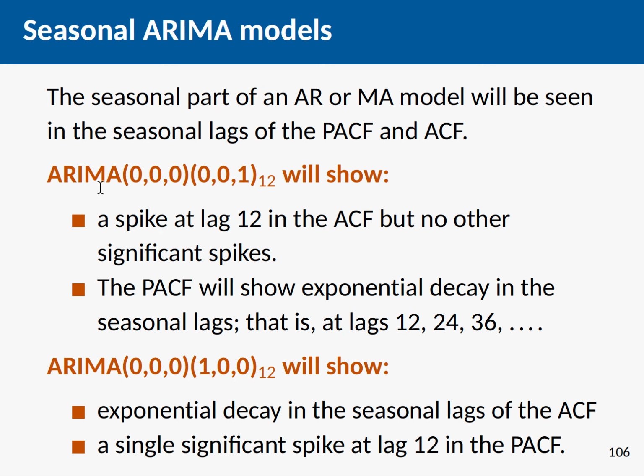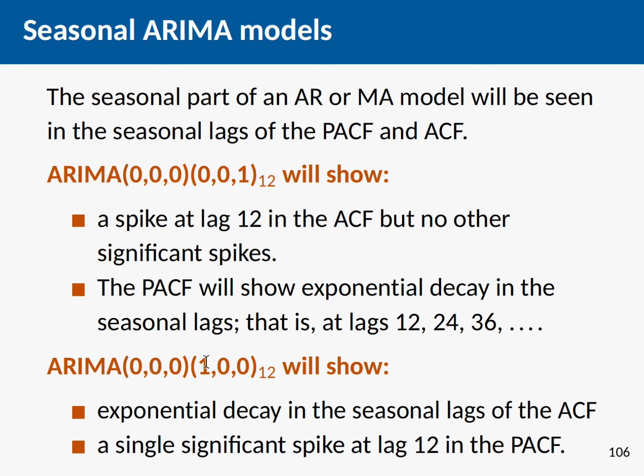If you had a model with monthly data showing some seasonality, you would see a spike at lag 12 in the autocorrelation function, but no other significant spikes. The partial autocorrelation function would show an exponential decay in the seasonal lags, which is at lags 12, 24, 36, and so on.